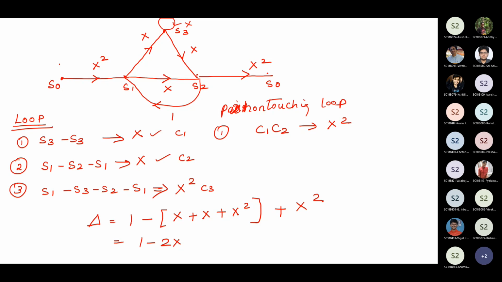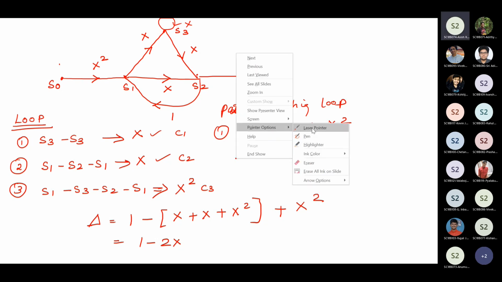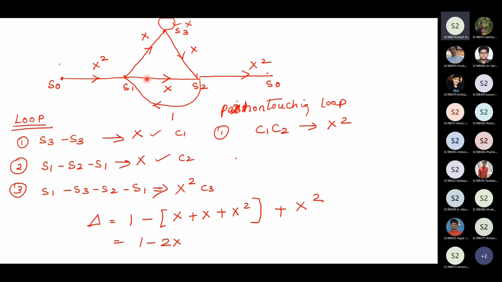That is one direct path, and this line is X square. X power 5. Okay, so this one we can take as one forward path. What is the next forward path? From here, here, here, here. Second. What else is there? Only two, right? One is this one, another is this one. Only two forward paths are there.